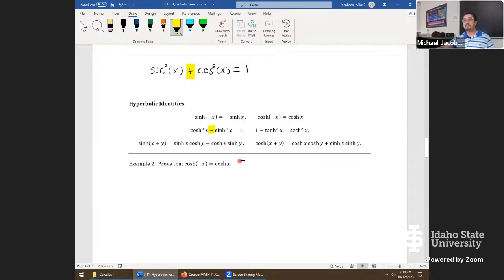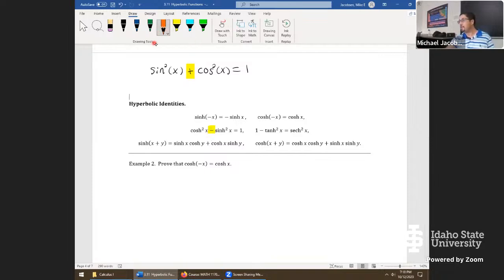Where does all this stuff come from? It's the original definitions of these functions. This is based off a unit circle, x squared plus y squared equals 1. And this is based off a hyperbola, x squared minus y squared equals 1. That's the only reason these two identities exist. And there's a whole bunch of other ones.